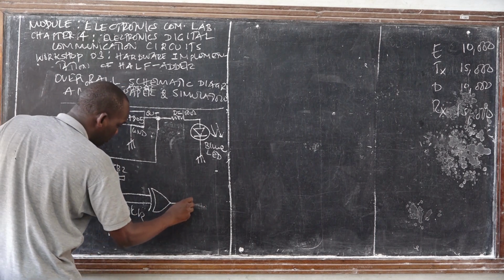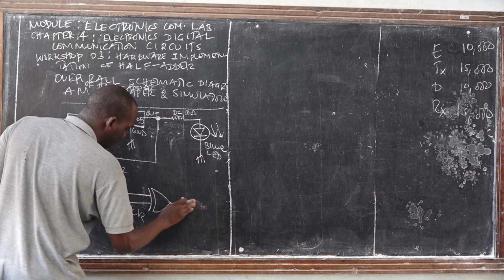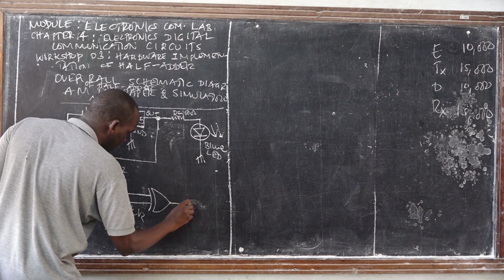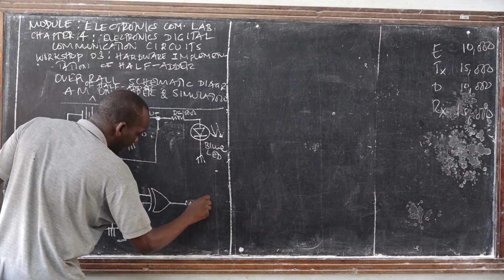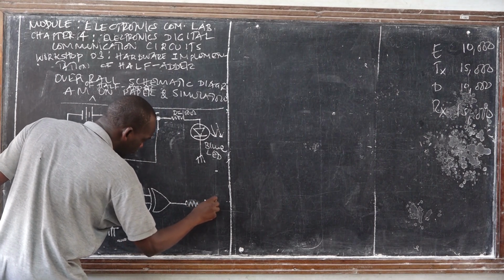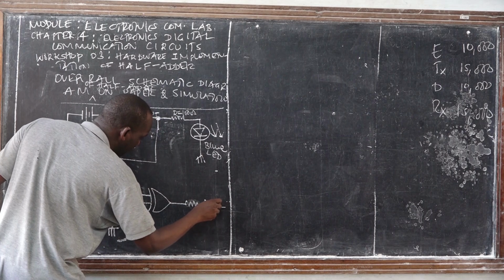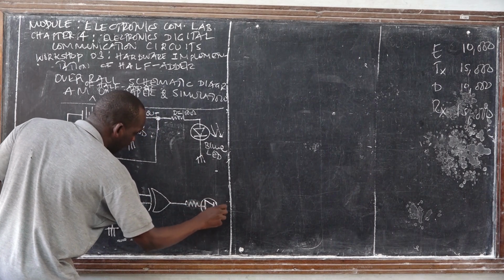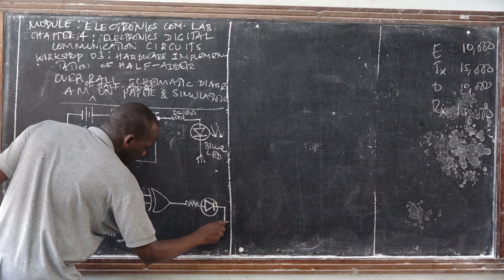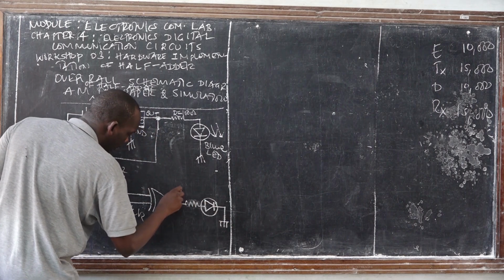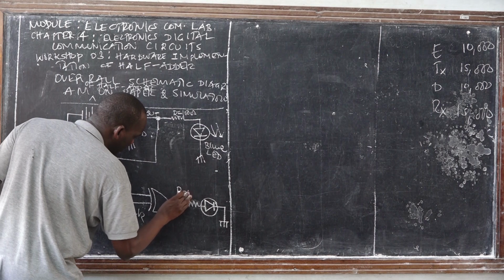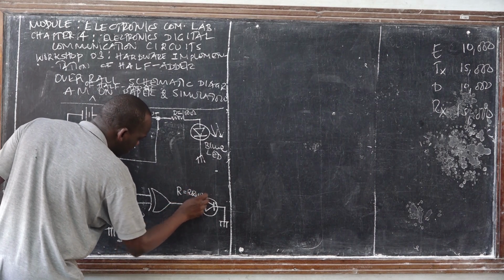We said we are going to use a resistor. What is the resistance of that resistor that we are going to use in our design? Adamu, what is the resistance of the resistor that you are going to use to represent the power indicator of the sum? 200 ohm. So the resistance is 200 ohm.